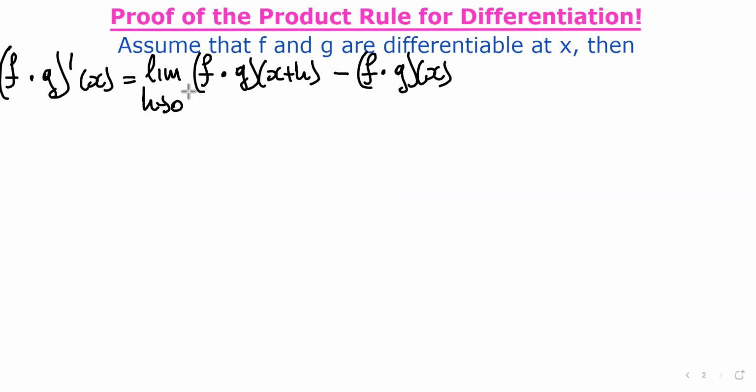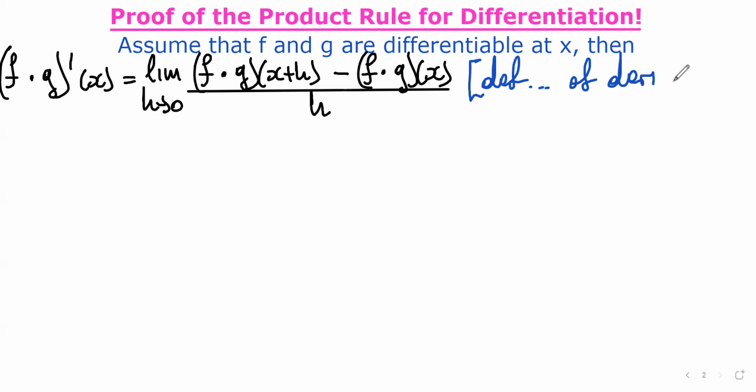But of course, we understand that this entire thing is further divided by h, okay? And remember, for every statement that you make when you are writing a proof, you have to justify, give a reason for that. So here you'll tell them that you actually used the definition of the derivative.